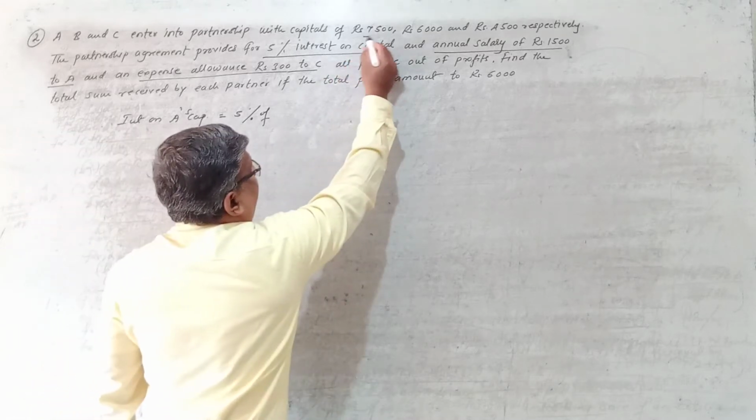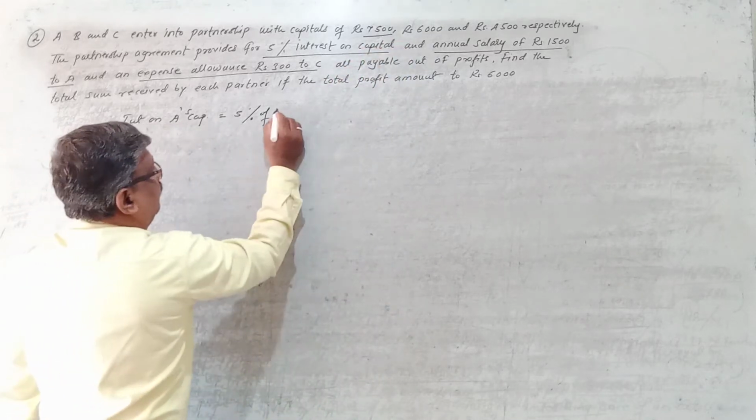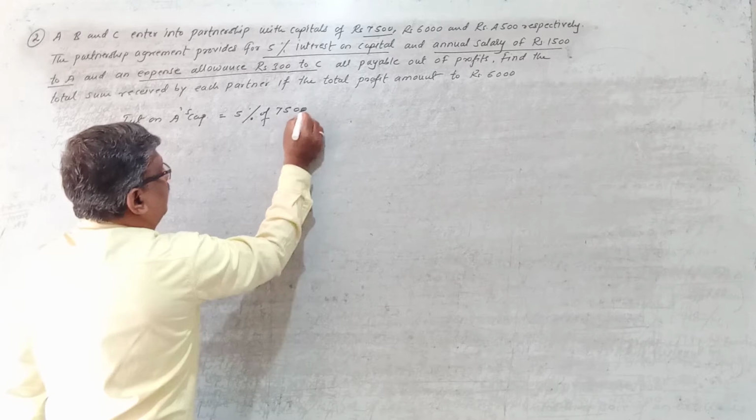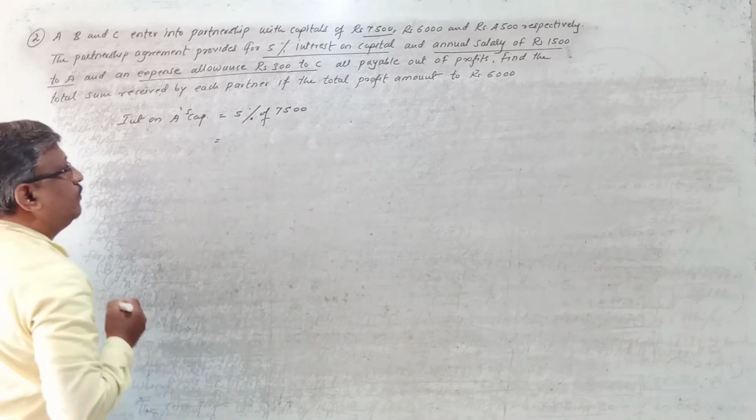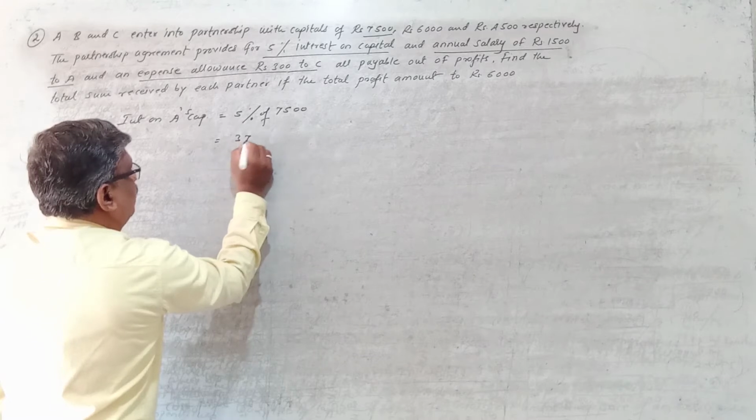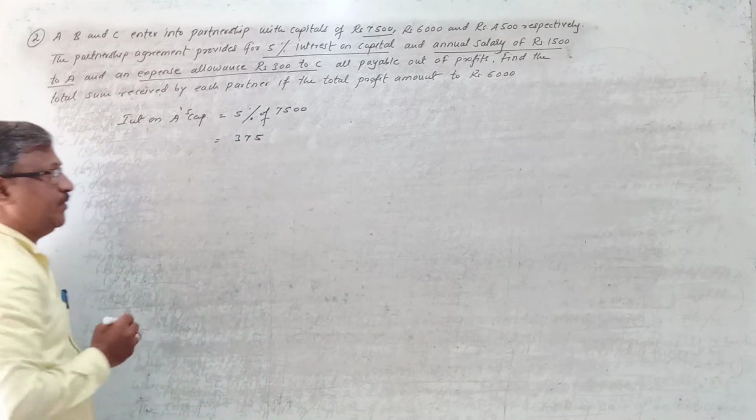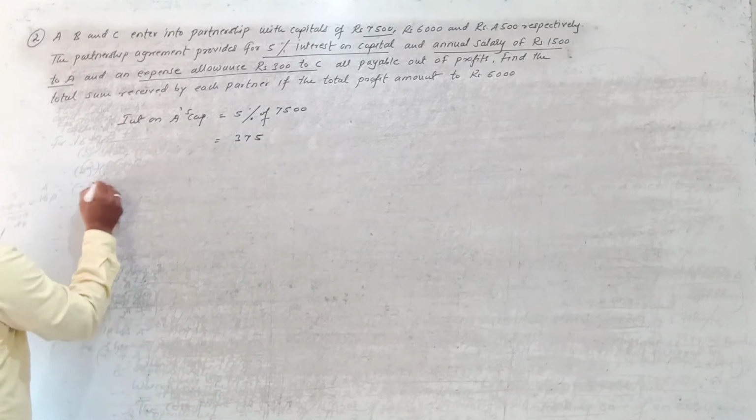A's capital is 7,500. So on 7,500 rupees you calculate 5%, and you get 375 rupees.